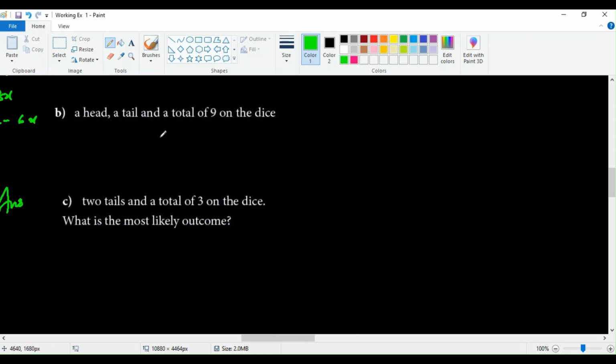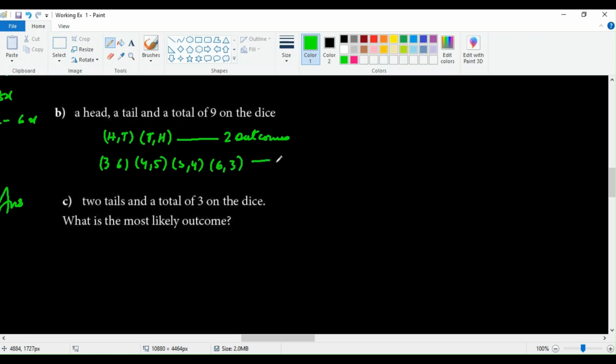Now comes the second part, a head, a tail, and a total of 9 on the dice. The possibilities are one head and one tail, and the other one is tail and a head. This is the second possibility. So two outcomes are there for this. And a total of 9 on the dice has four outcomes. First is 3 and 6, second is 4 and 5, third is 5 and 4, and the last one is 6 and 3.